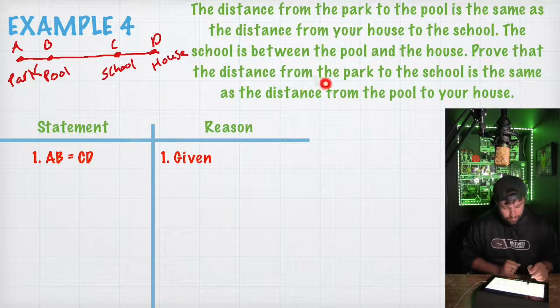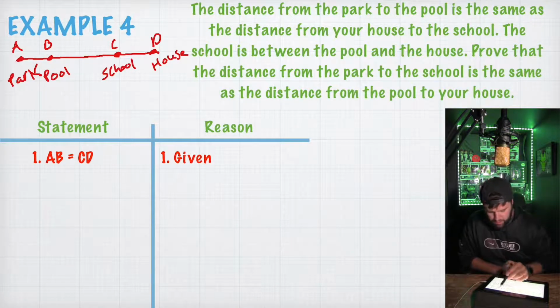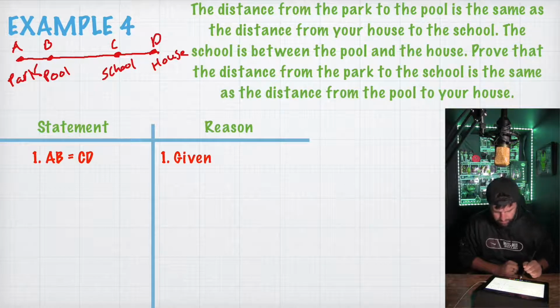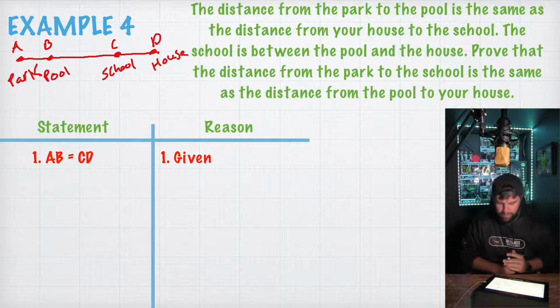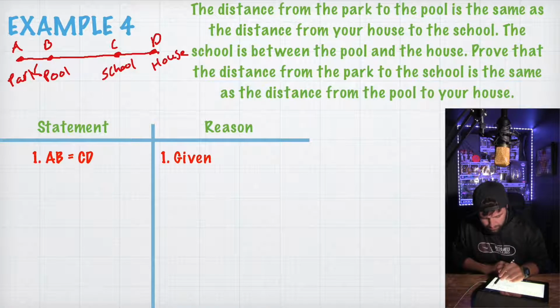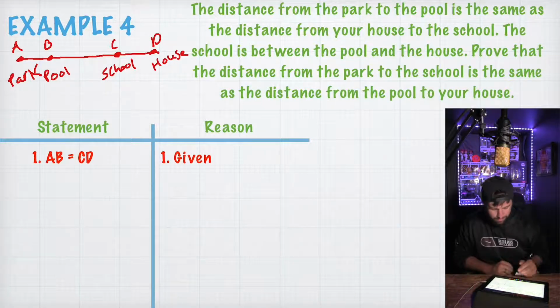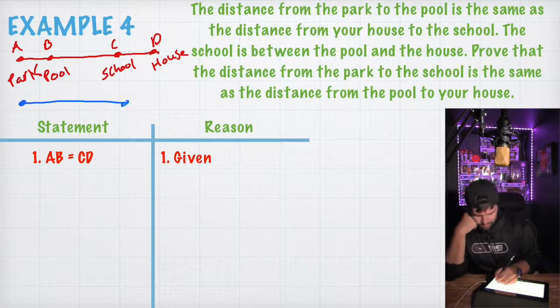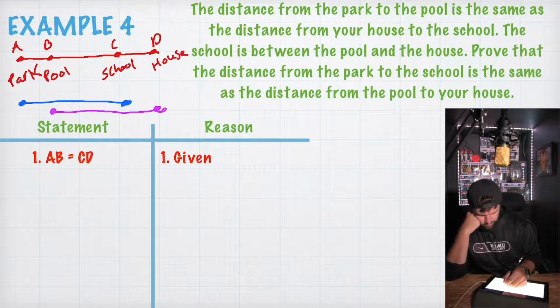So we're trying to prove that the distance from the park to the school is the same as the distance from the pool to your house. So park, school, pool, house. Well, this is a lot like our first example. If we look here, we have this section that is shared by both, right? We're trying to prove park, school is the same as pool, house.